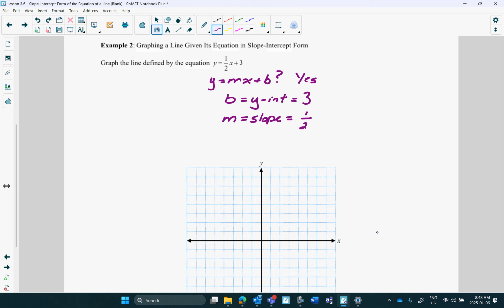So to graph it, plot the y-intercept. Our line that we're trying to graph crosses the y-axis at 3. We've got 1 point on our line, but we need 2 points to graph the line.